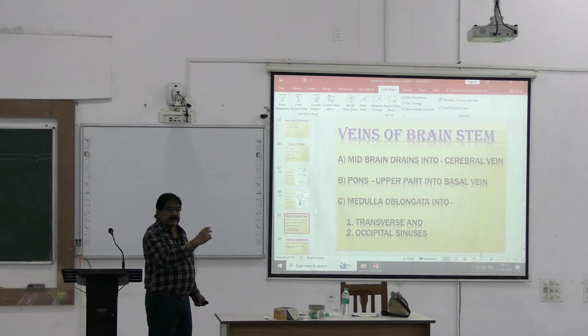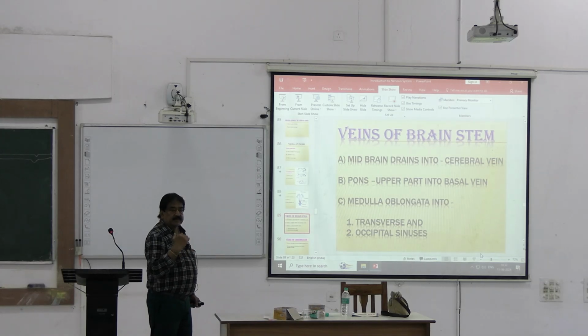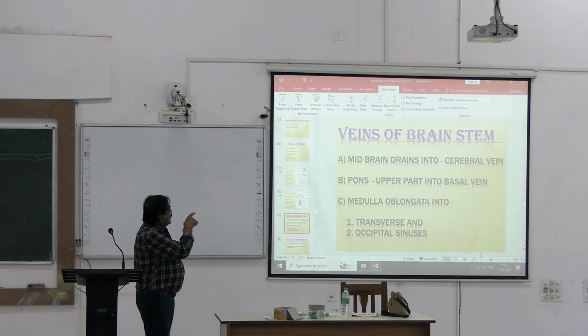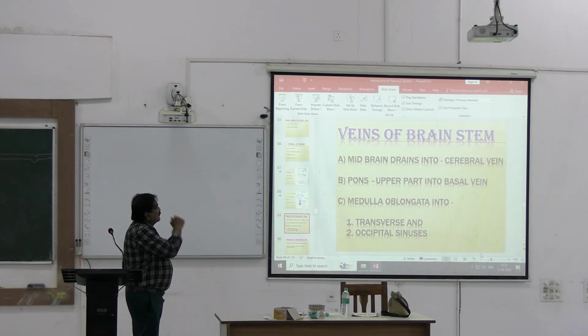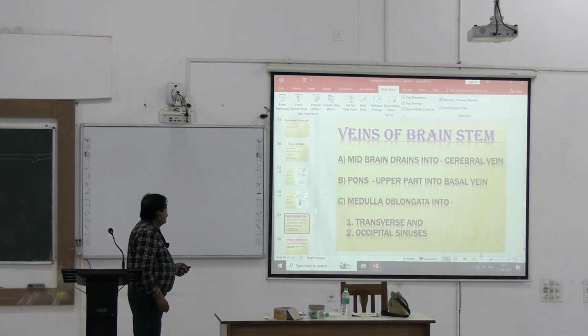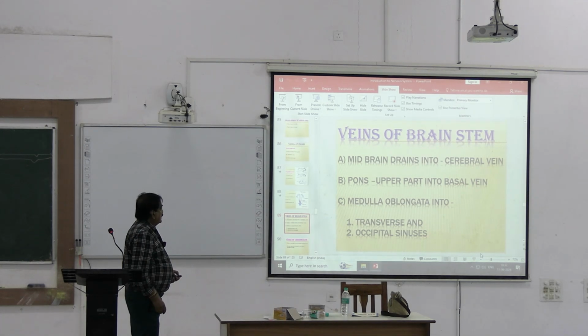You have 3 highlighter pens, 3 colors. One color, one portion. Midbrain drains into the cerebral vein, pons upper part into the basal vein, medulla oblongata into transverse and occipital sinus.